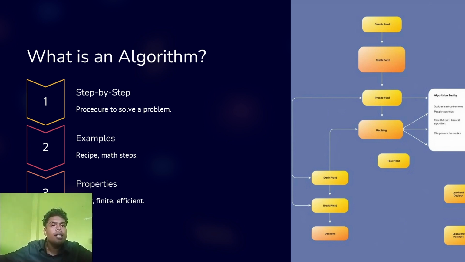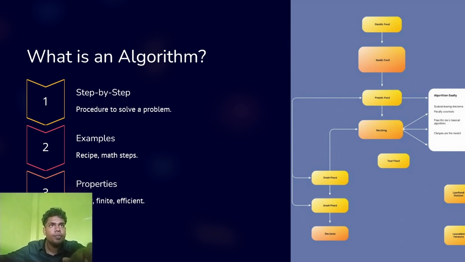So we can say that is the algorithm to solve the problem of making tea. So this is the difference between data structure and algorithm.